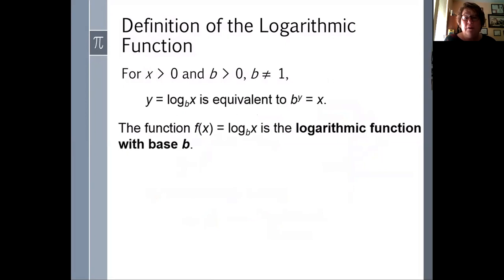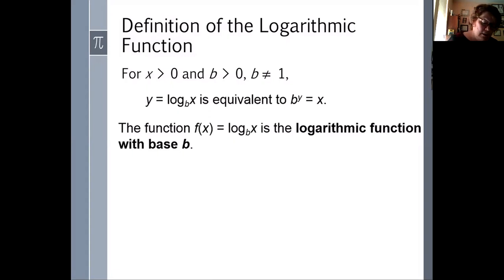For x greater than 0 and b greater than 0, and b cannot equal 1. Again, our base has to be positive, and it cannot equal the number 1. But we also have to stipulate that x has to be greater than 0 also. y equals the log base b of x is equivalent to b to the y equals x. They're exactly the same thing.